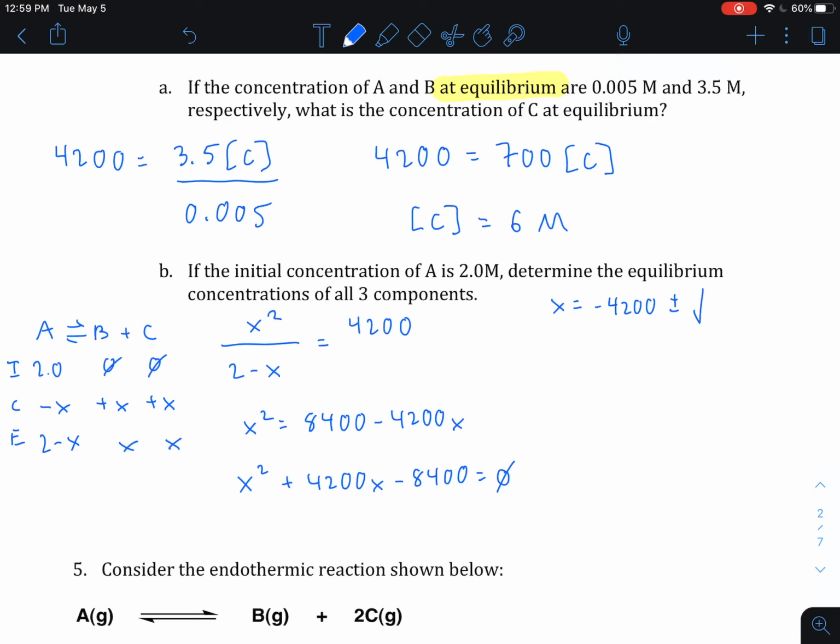So this should become X equals negative 4,200 plus or minus the square root of 4,200 squared plus 4 times 8,400, right? C is negative and A is 1, so that simplifies things a bit. Divided by 2 times 1. So let's see what we get here.